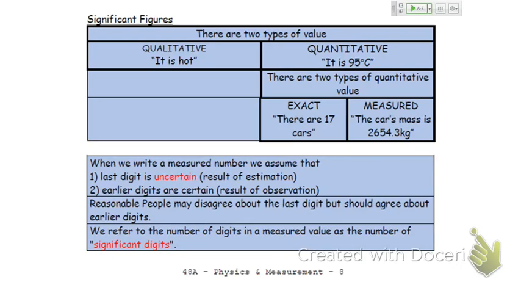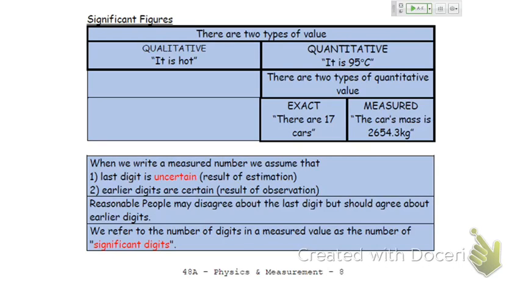whatever we write down for a measurement, we should be able to visually read all the digits apart from the last one. The last one is a guesstimation of a partial bit. So if I have a millimeter ruler, I can read the number of millimeters.